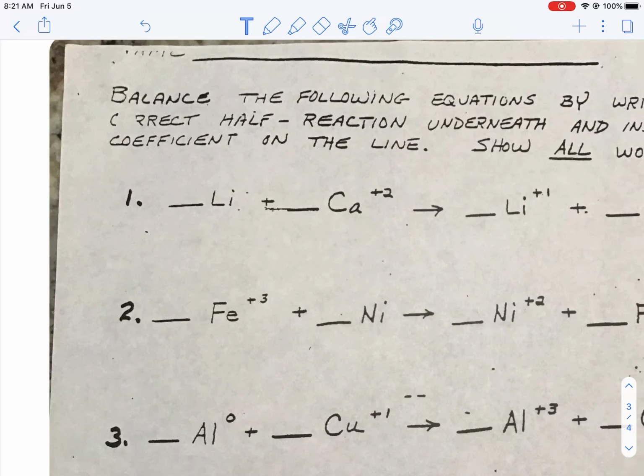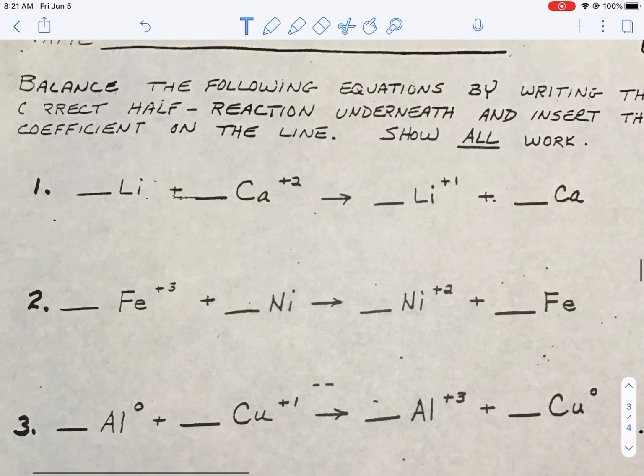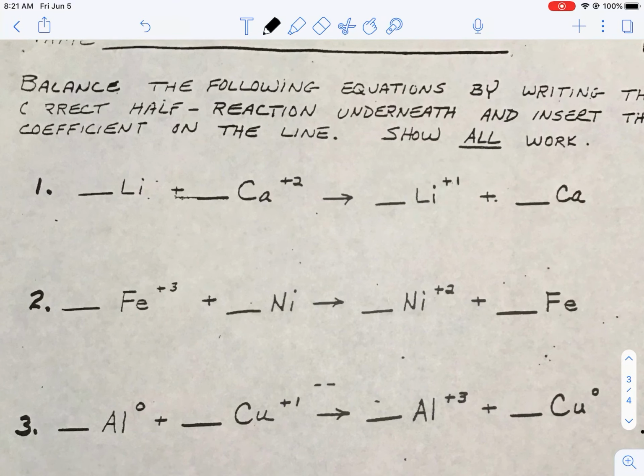So to get started, the first thing on tonight's assignment is we're going to take a look at what underwent change. I don't see any number on this lithium that's sitting right here, and I don't see a number on this, so those are the elements. So I'm going to give them a 0.